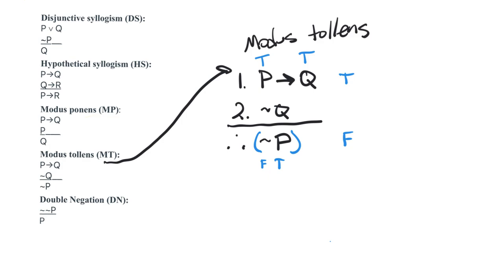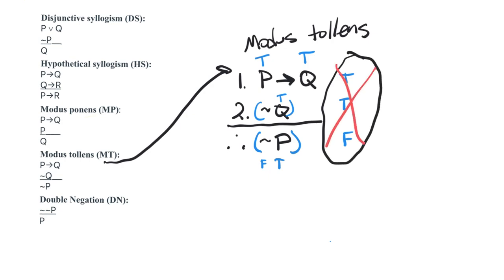And if Q is true, and we want to make the whole premise for line 2 true, there's no way we could do that with Q being true. That is, we can't make tilde Q true and Q true at the same time. So this just is not possible. So it becomes one of our rules of inference, known as the modus tollens.